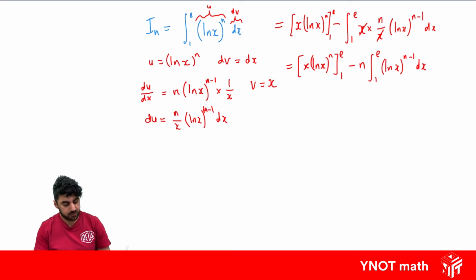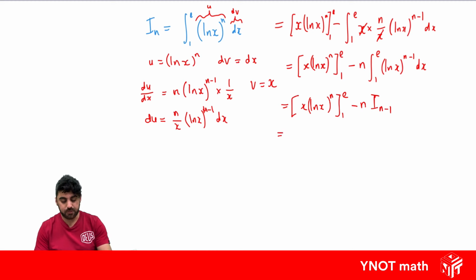Now, looking back at our original definition, I_n was equal to the integral from 1 to e of (ln x)^n. So the integral from 1 to e of (ln x)^(n-1) is just going to equal I_(n-1). So we've got x (ln x)^n from 1 to e minus n times I_(n-1).